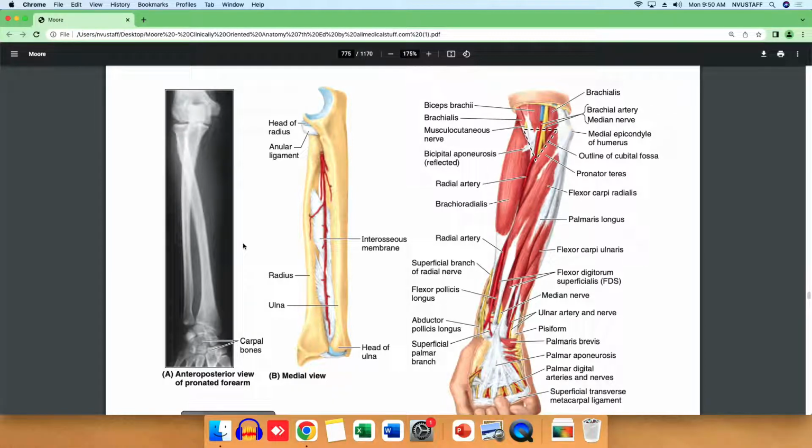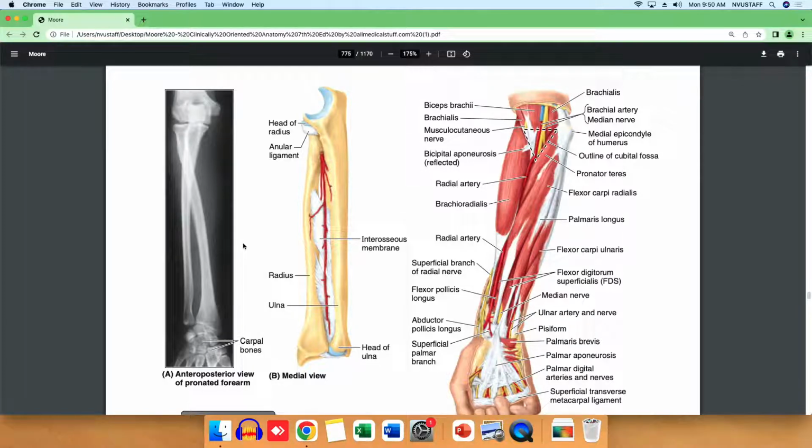Now the next question. Do we have any other type of movements at the level of the forearm? Yes, we do have pronation and supination. So in the anterior compartment, we can find not only the flexors but also pronators.